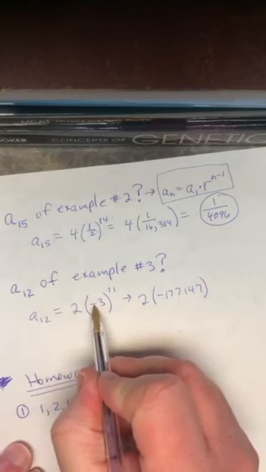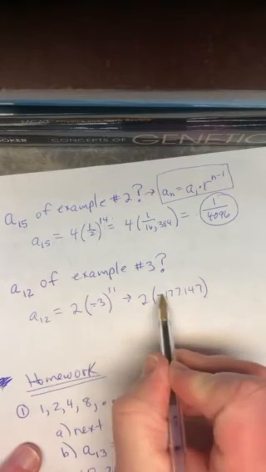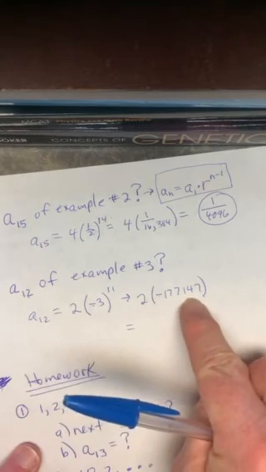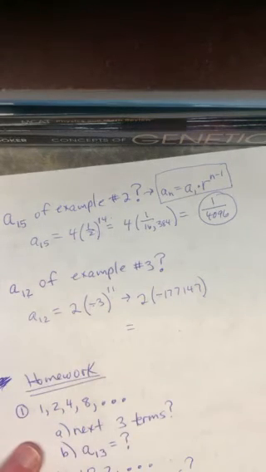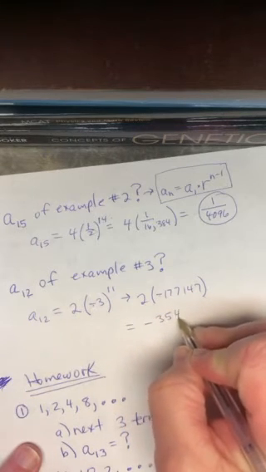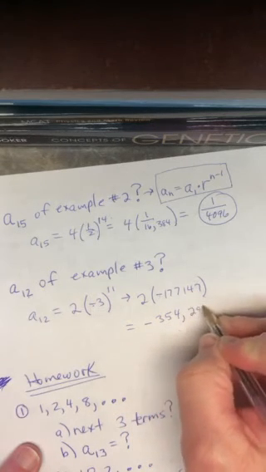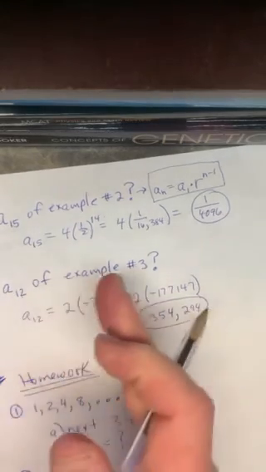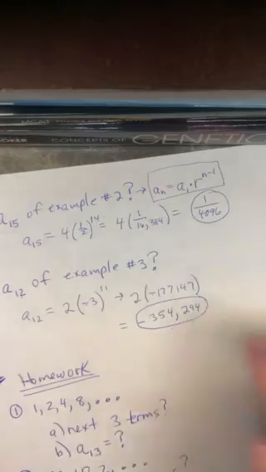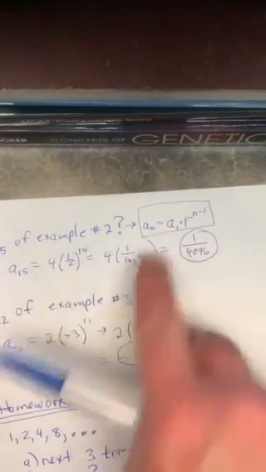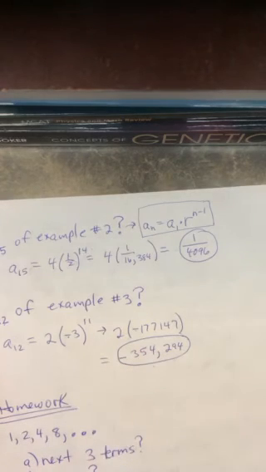A negative number raised to an odd power is always a negative answer. So timesing these together, I'm now going to take that number on my screen and times it by 2, gives me -354,294. Wow. I certainly didn't want to write out all 12 terms and eventually get to this number when I can use that nice simple formula to calculate the nth term for me.